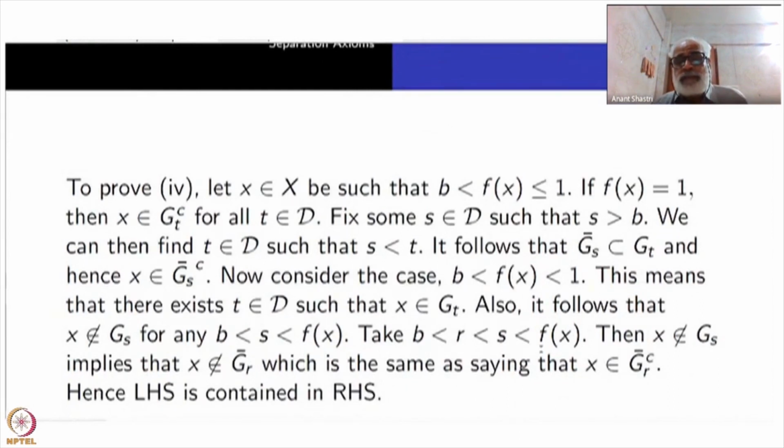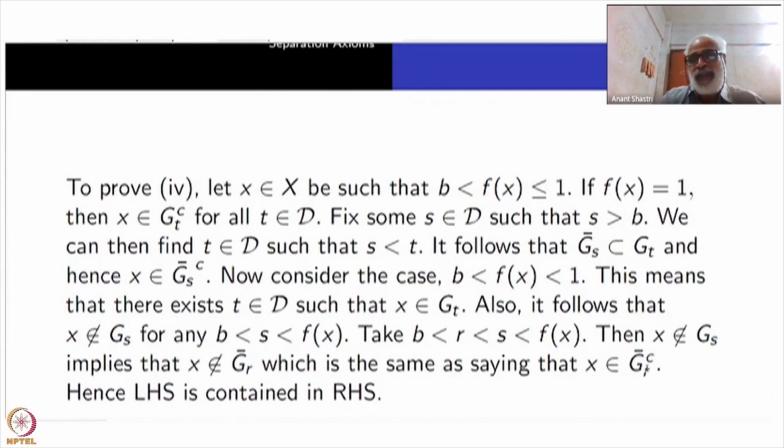Then x cannot be in G_s implies that x cannot be in G_r closure, because all the closures of corresponding sets are contained in G_s. Which is the same thing as saying that x is in G_r bar complement.